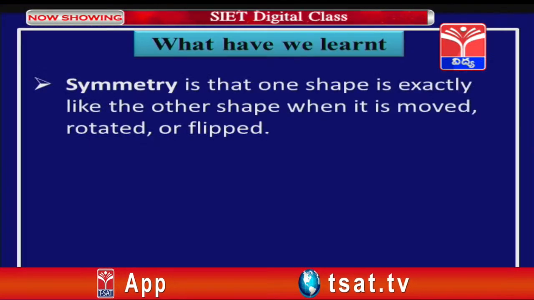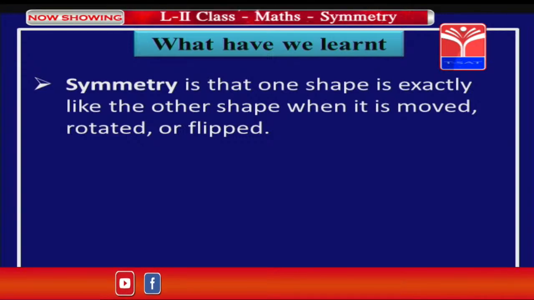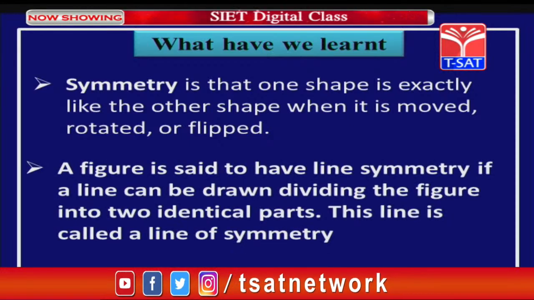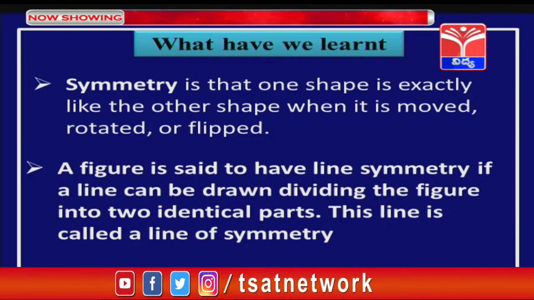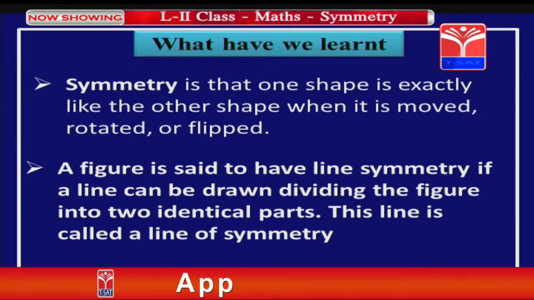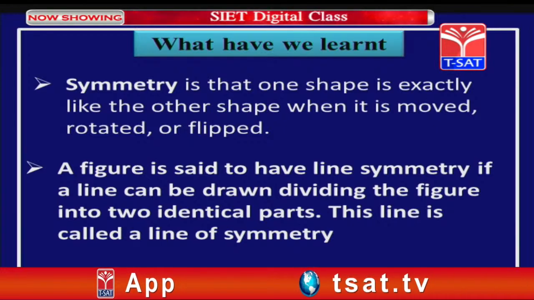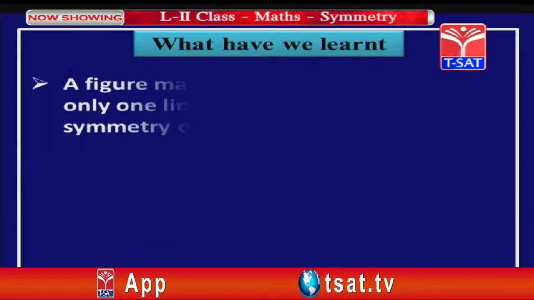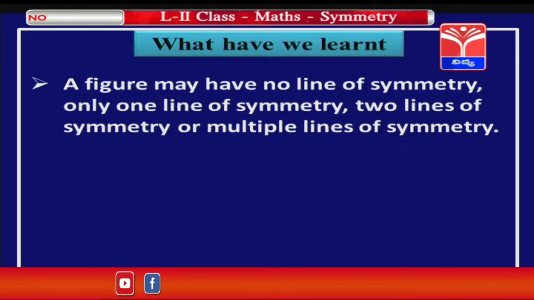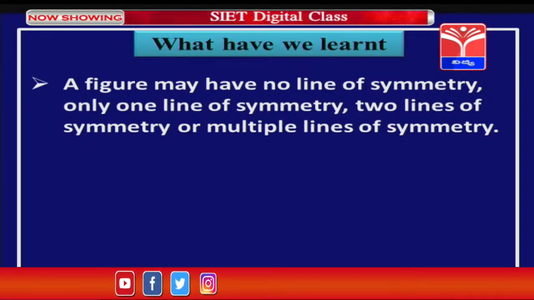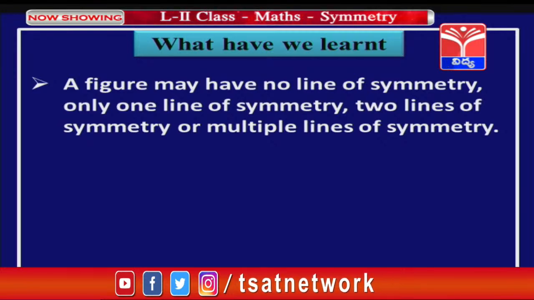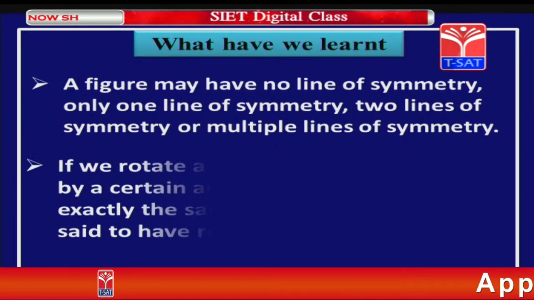Symmetry is that one shape is exactly like the other when it is moved, rotated or flipped. A figure is said to have line symmetry if a line can be drawn dividing the figure into two identical parts, and this line is called the line of symmetry. A figure may have no line of symmetry, only one line of symmetry, two lines of symmetry, or even multiple lines of symmetry.